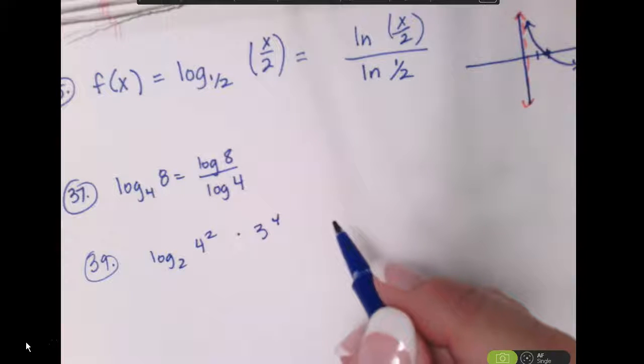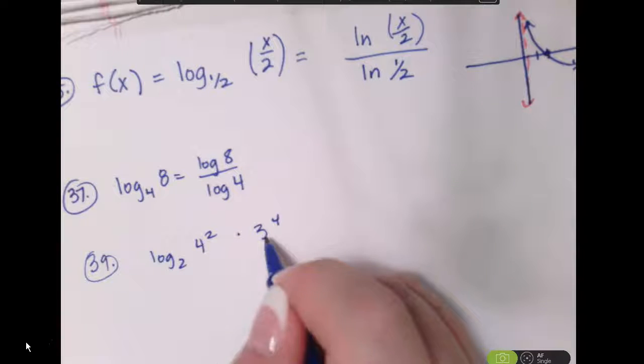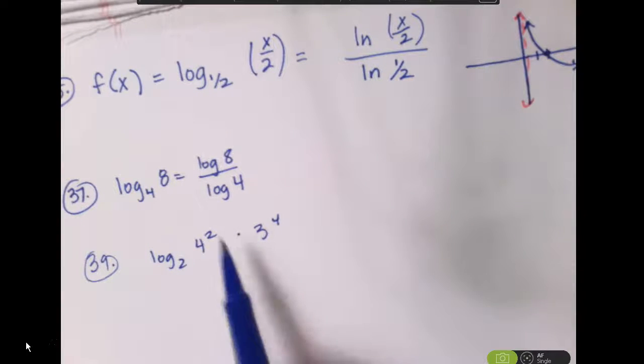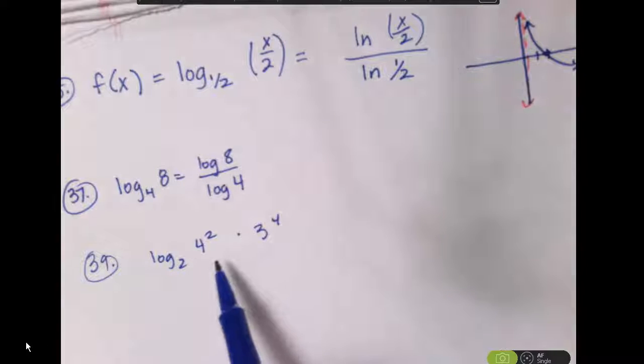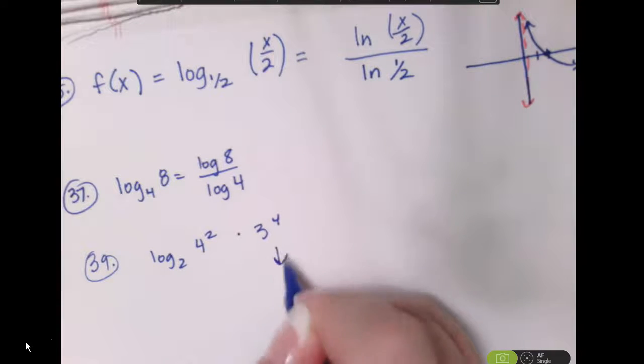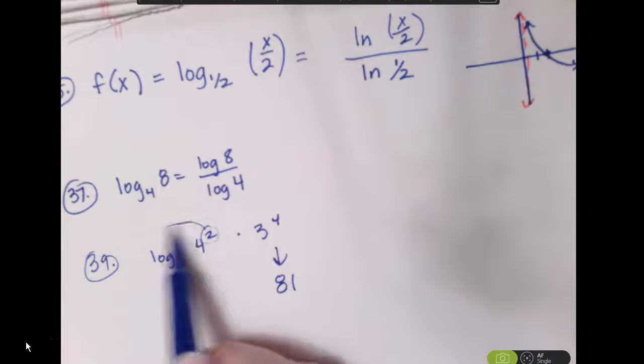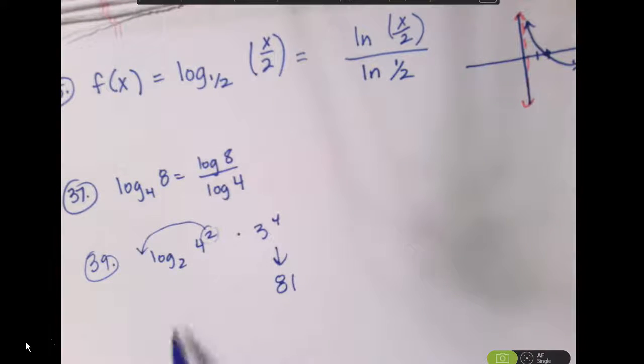I can't 100% tell. I feel like this 3 to the 4th is separate, so let me go ahead and do a few things. I'm going to change this to an 81. I'm going to take this and put it in the front. 2 times the log base 2 of 4 times 81.